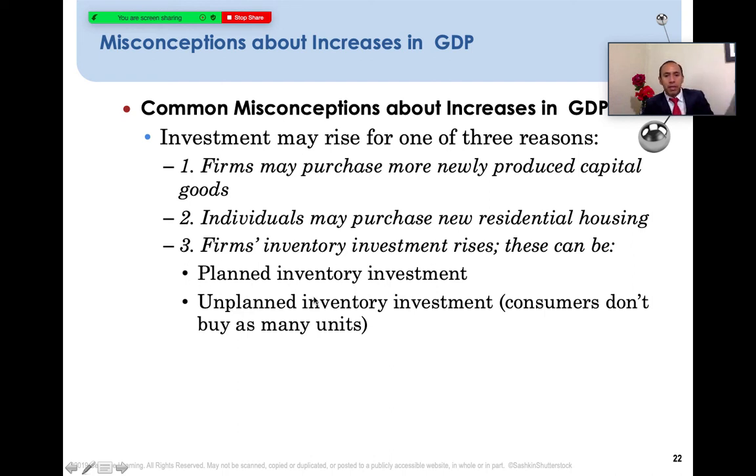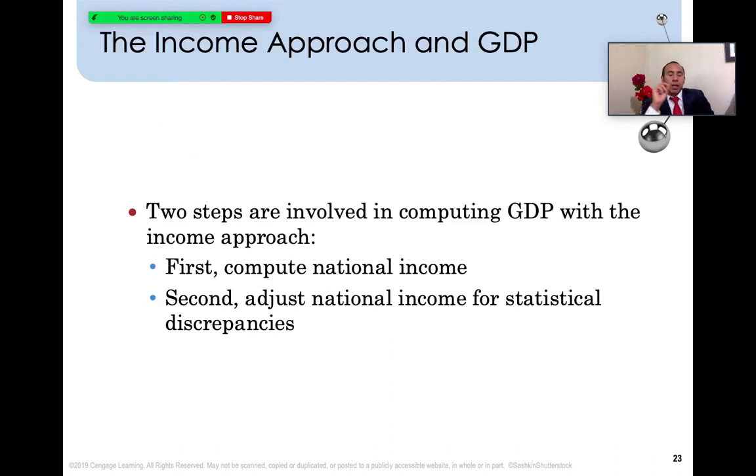If you plan for 2021, your inventory investment is going to be adjusted for 2021 or 2022, 2023, and so on. And if anything happens that was not planned, like COVID-19, then a lot of consumers are not going to buy as many units as they would otherwise. So there are certain things that can affect the economy.